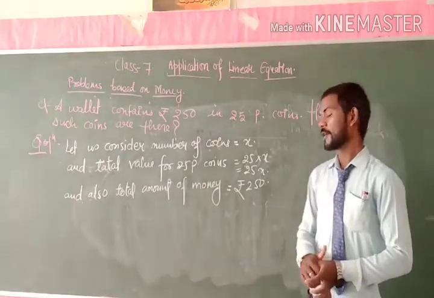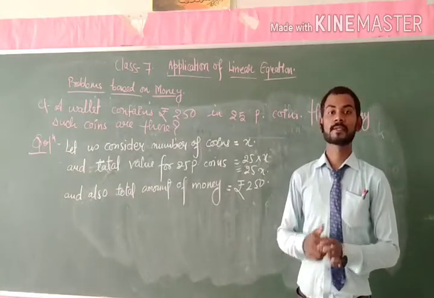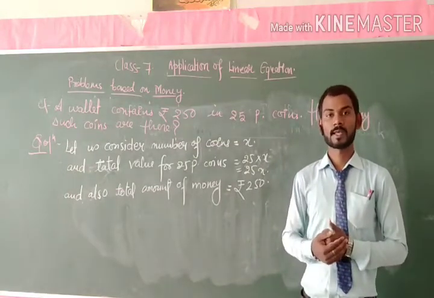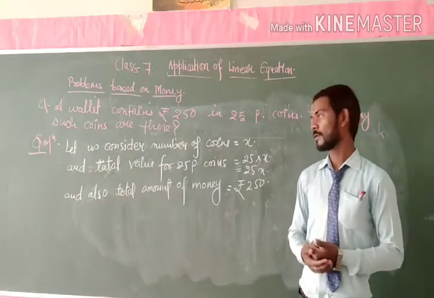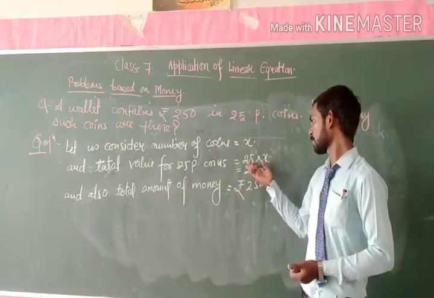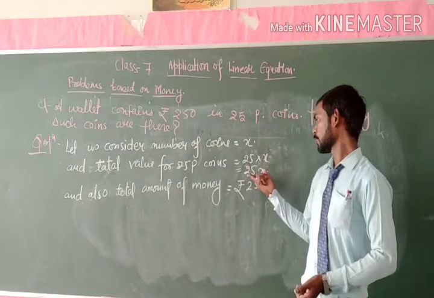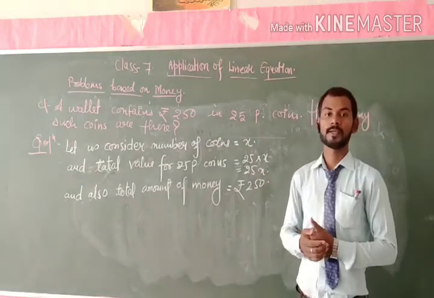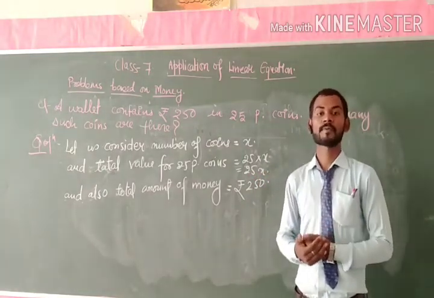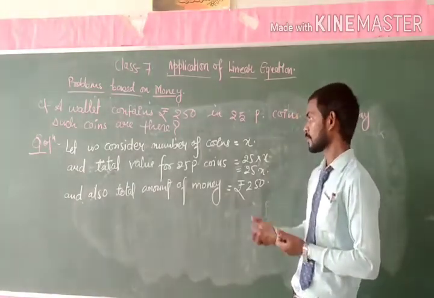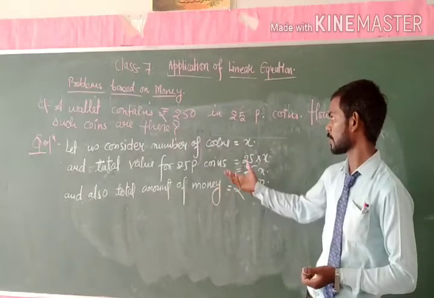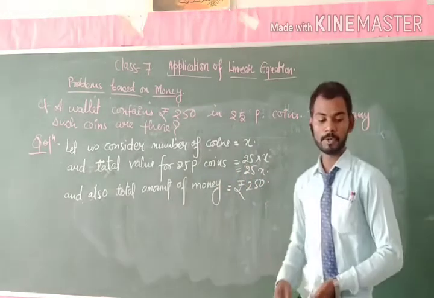In the same way, if I gave you x coins of 25 paise, then how much money will you have? Then you just multiply 25 by x, you will get 25x. That means you have 25x paise. And also the total amount in the wallet is 250 rupees.